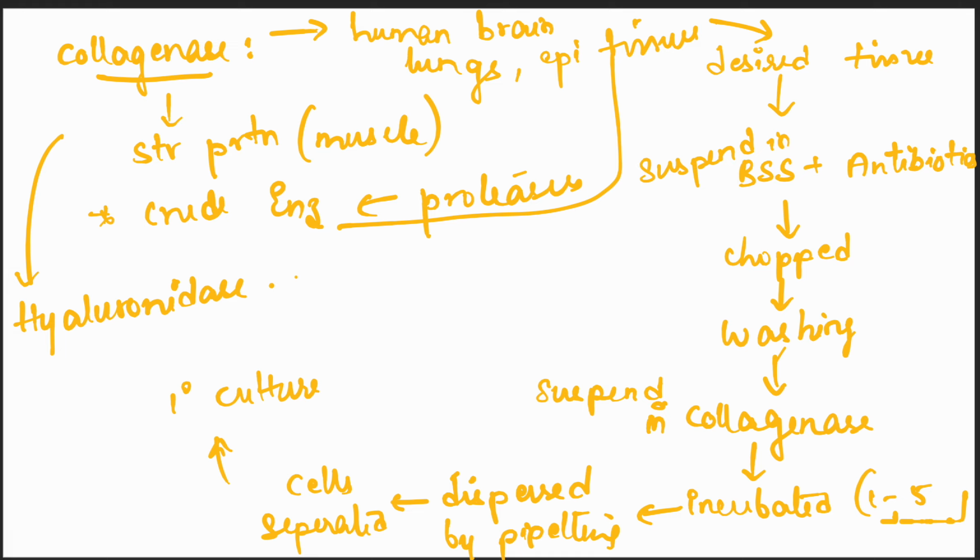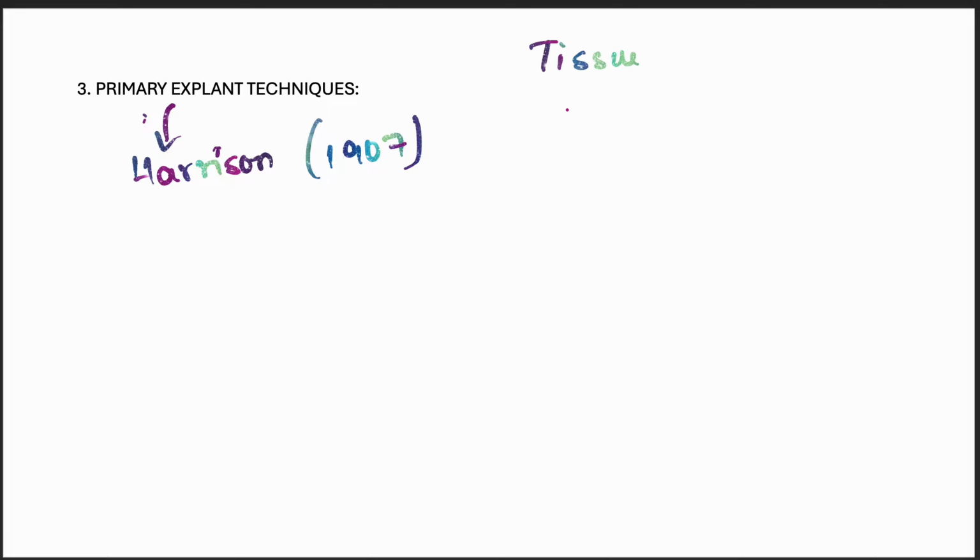Next we will see the primary explant technique. The primary explant technique was developed by Harrison in 1907. It has undergone several modifications and is still in use now. Now we will see the procedure. Here also we select the tissue. The tissue is kept in BSS and chopped in BSS.